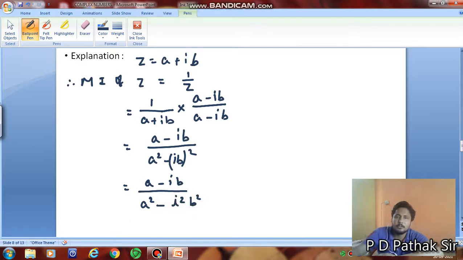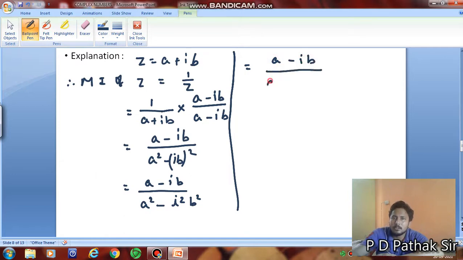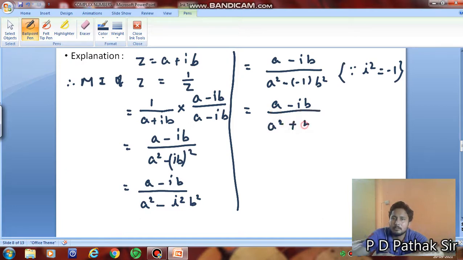So your answer will be a minus iota b upon a square minus minus 1 b square. Why? Since iota square equals minus 1. On solving, we will get a minus iota b upon a square plus b square.